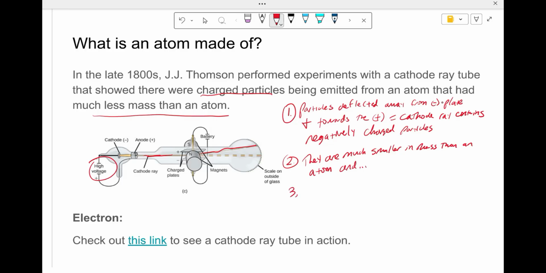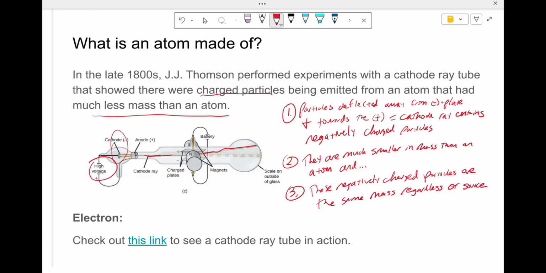And then thirdly, what he found was it didn't matter what metal he switched the cathode with. He could put different types of metals there. And regardless of that, these negatively charged particles that came from the cathode are the same mass, regardless of source.